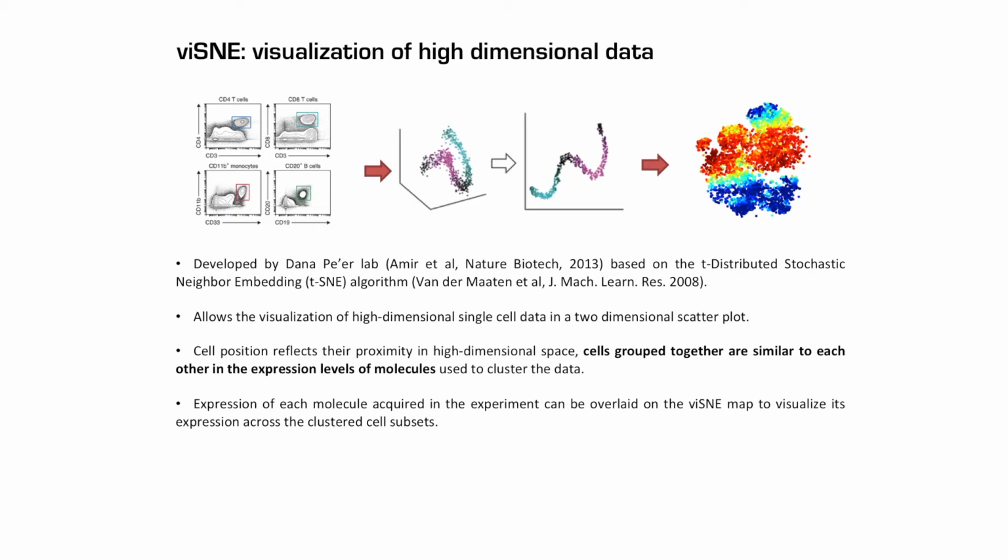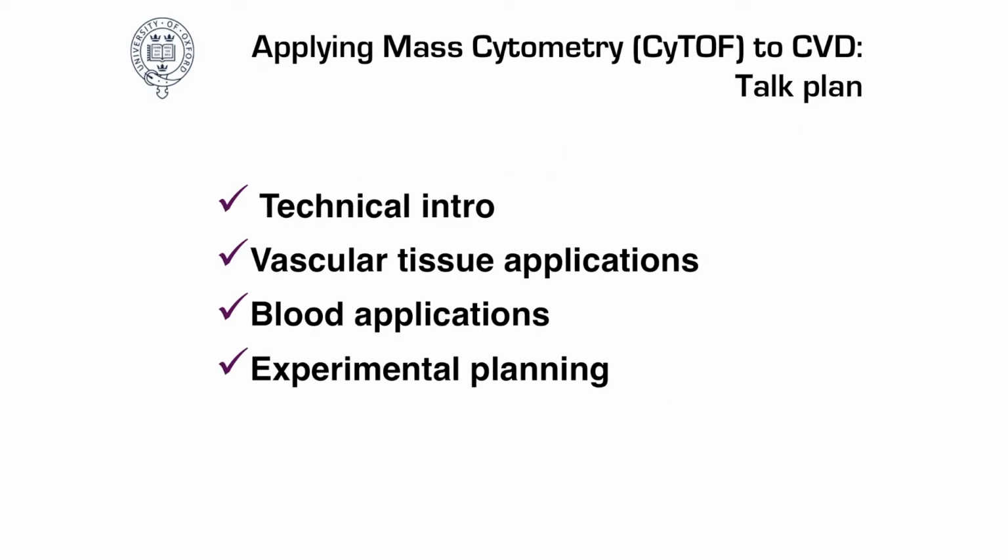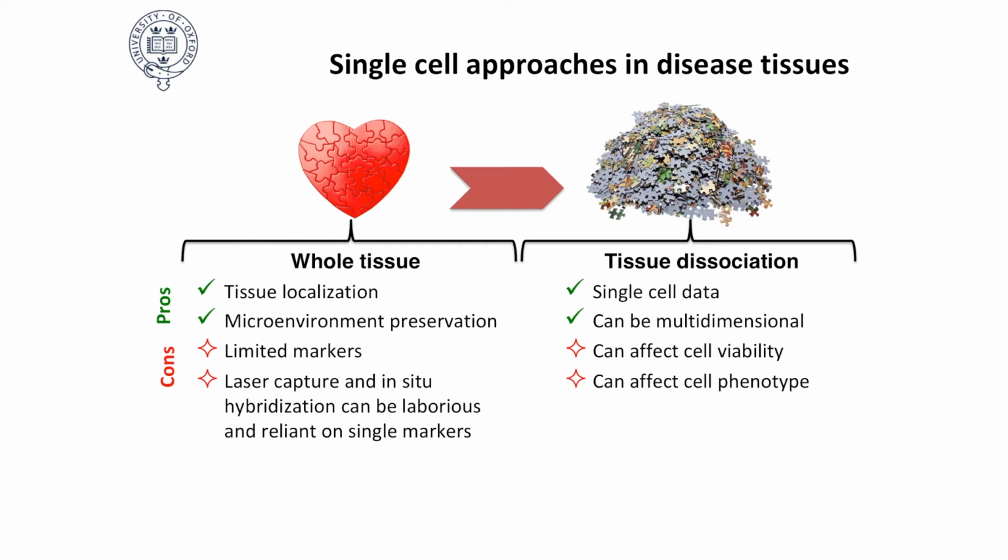And these are the two basics of the analysis, and we will go through some of these elements much later on. So now I wanted just to give you an idea of the vascular tissue applications of this methodology. In cardiovascular disease, our technology of choice is really analysis of whole tissue with immunohistochemistry or histology.